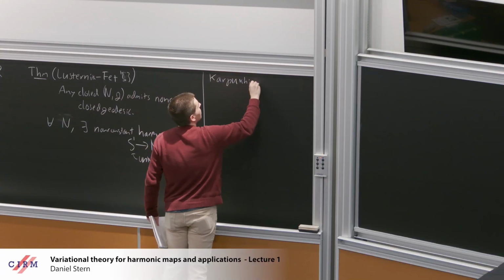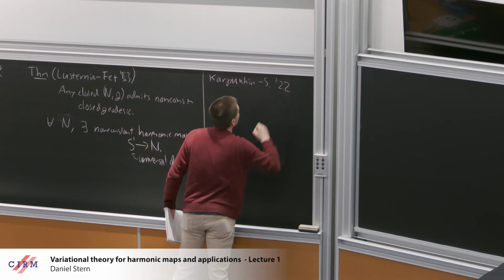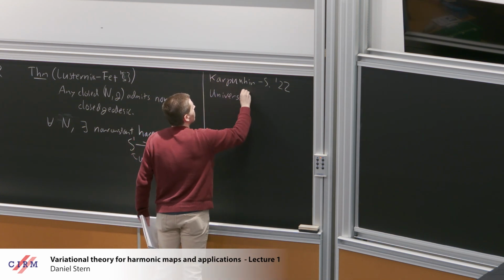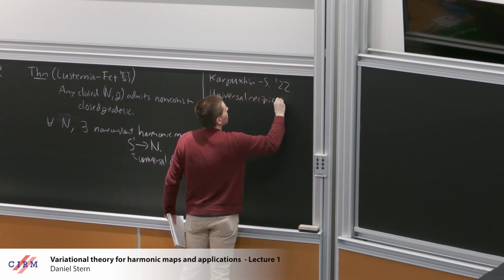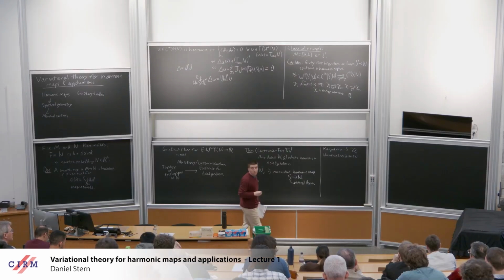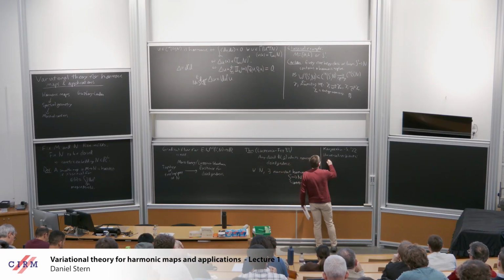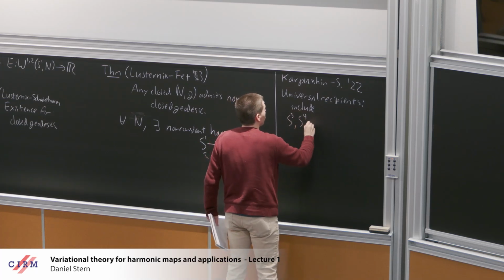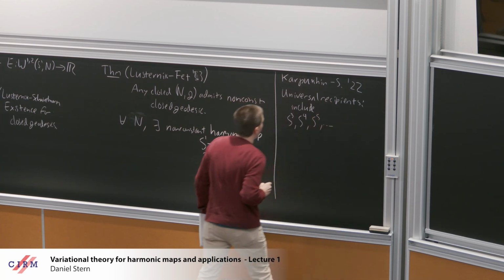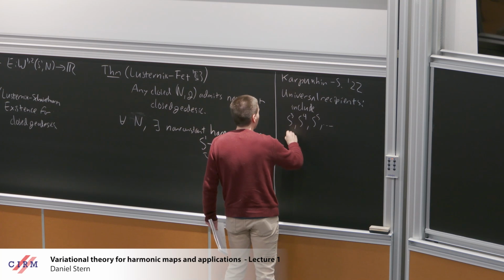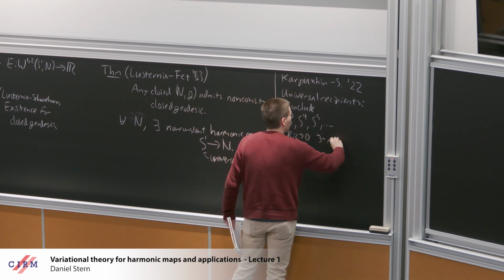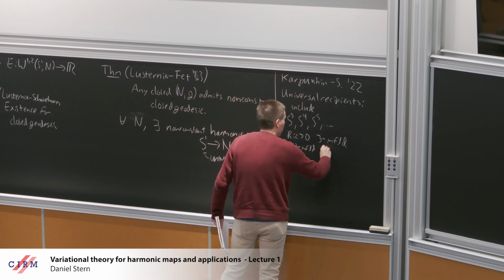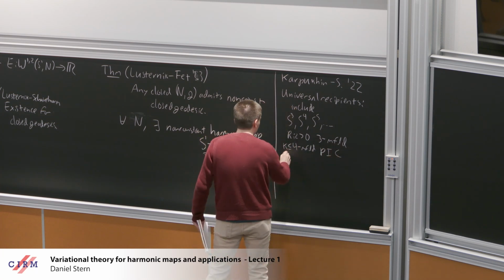some joint work with Misha Karpukhin from last summer, which is that universal recipients, so ones which admit non-trivial harmonic maps from any domain, include any sphere of dimension 3 or higher, any Ricci positive 3-manifold, any higher dimensional manifold with positive isotropic curvature, and for instance, compact simple Lie groups.